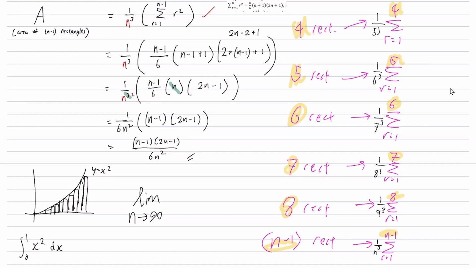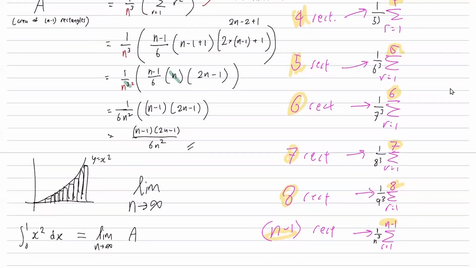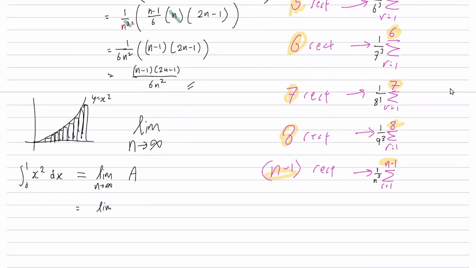You don't need to say any English words, just write the equation. It is exactly equal to the limit as n tends to infinity of A. Then you just sub in the A, so it equals the limit as n tends to infinity of n minus 1 times 2n minus 1 over 6n squared.